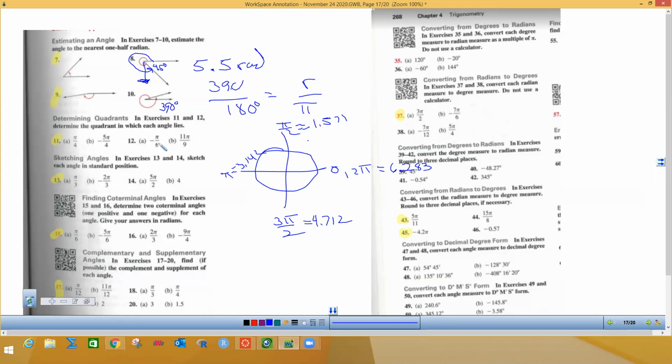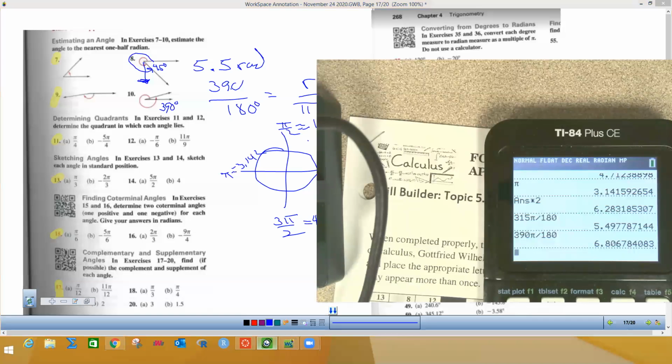And then we could make this a decimal on our calculator. So I'm going to put in negative pi divided by 6, and that's negative 0.527.